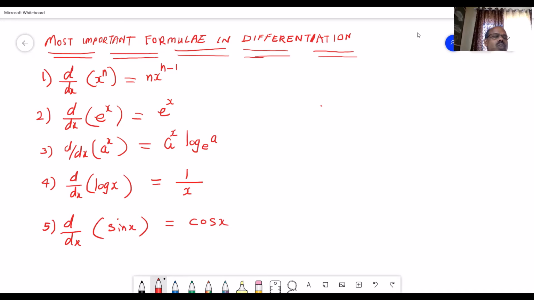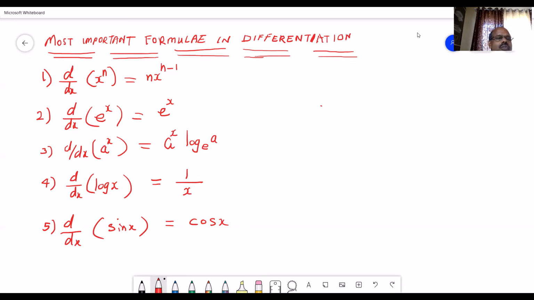So five formulae we have listed here. One is the differentiation of x raised to n is equal to n x raised to n minus 1. Whenever you have a variable with a power and you have to differentiate, remember that it should come like this, n x raised to n minus 1.